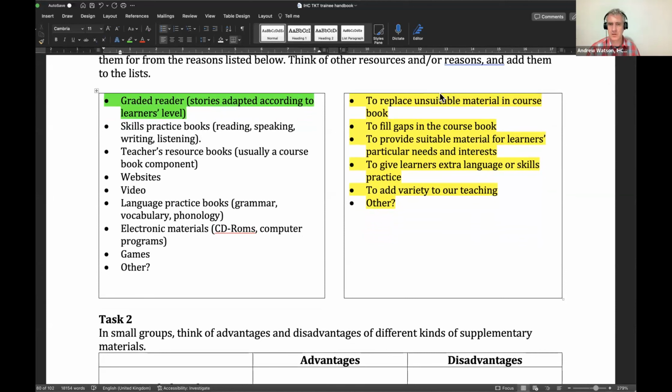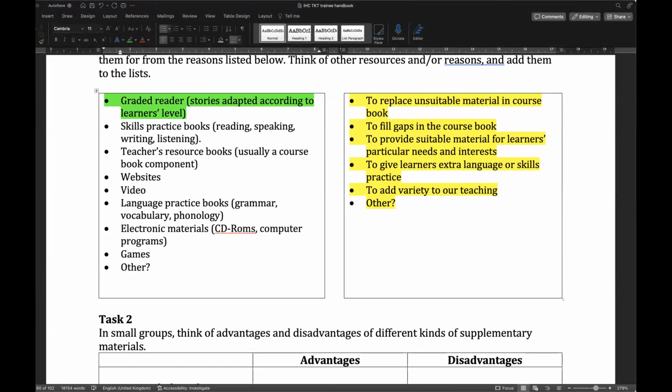Can you talk together briefly? Yes. Well, the reason, okay? He said the reason for using this.